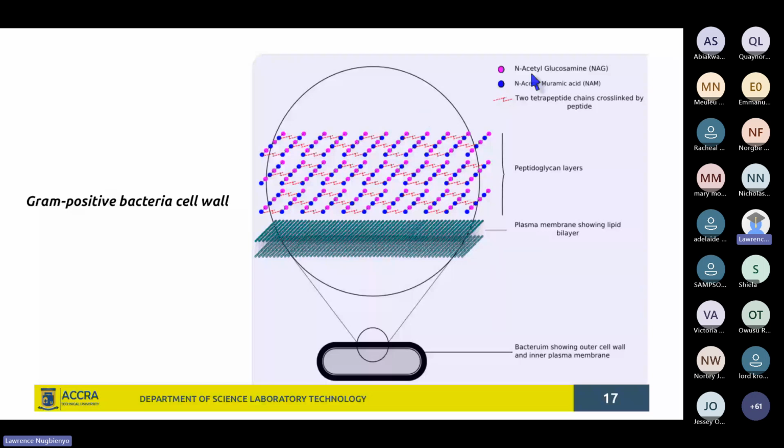Here they are represented by these violet and blue circles that alternate. So you have N-acetylglucosamine binding to N-acetylmuramic acid, like that. So you have that alternation. Then you also see that there is a linkage between these oligosaccharides.